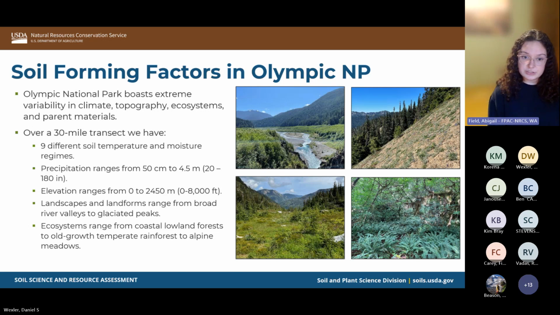Our elevation ranges from 0 to 2450 meters. And then our landscape and landform variation, if you think about like a broad river valley or a glaciated peak, the difference between those two. And then obviously our ecosystems that go along with that, our old growth rainforests, and then our alpine meadows. Next slide.